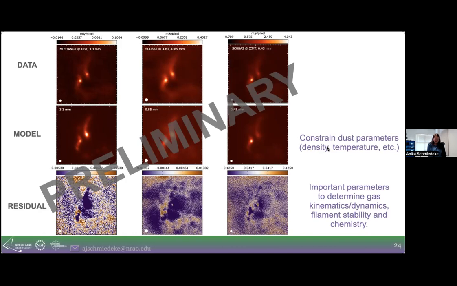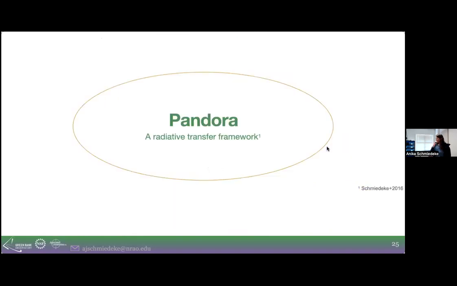Now I have an insert because I've mentioned it a few times. The way I do the modeling is by a framework that I call Pandora. I developed that in my PhD thesis times. And I thought I'd just give you a very brief overview of what it does. So you start with the model setup. You're basically just putting in whatever heating sources you have. If you have none, you have your interstellar radiation field.